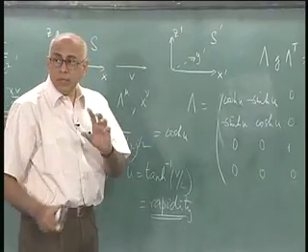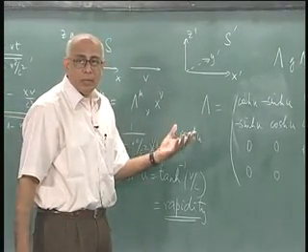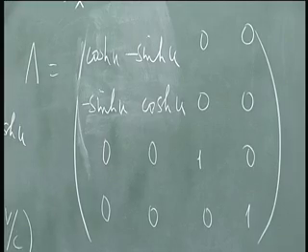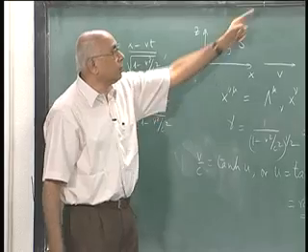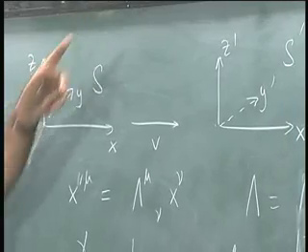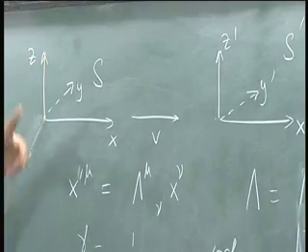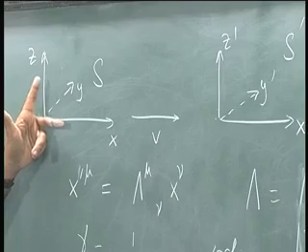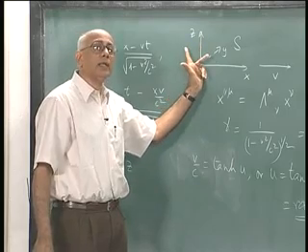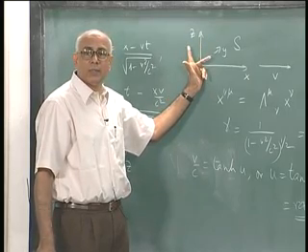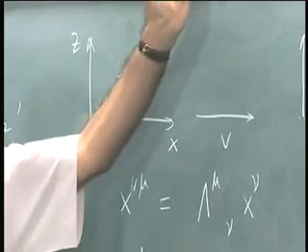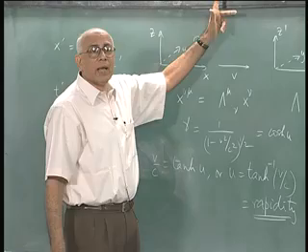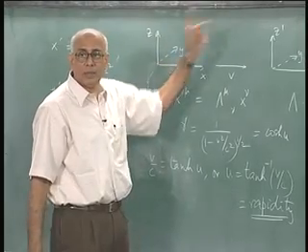Of course a given general lambda would not be this, it would be in some arbitrary direction. And then if you make a boost from this frame to another frame in an arbitrary direction, the way to write that transformation matrix would be to first take this frame and rotate it to bring one of the axes to the direction of the velocity, do the boost there, and then rotate back so that the axes are parallel.